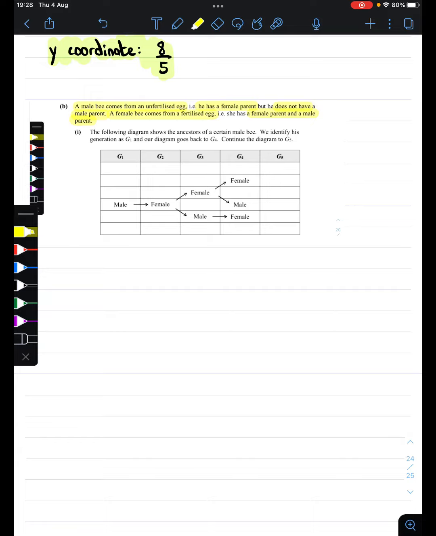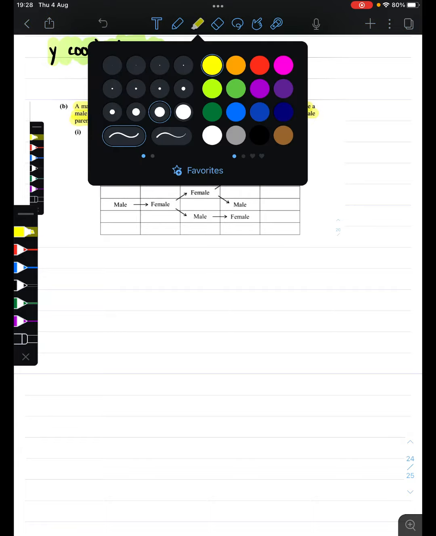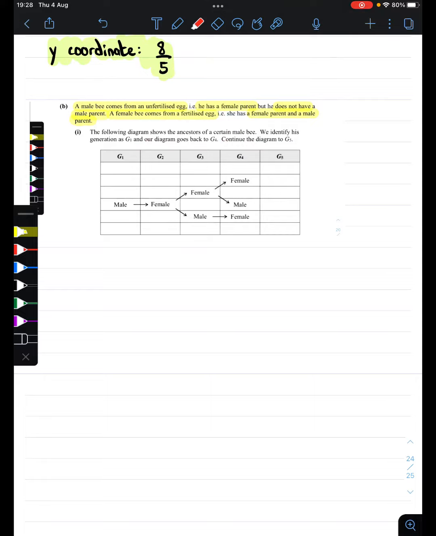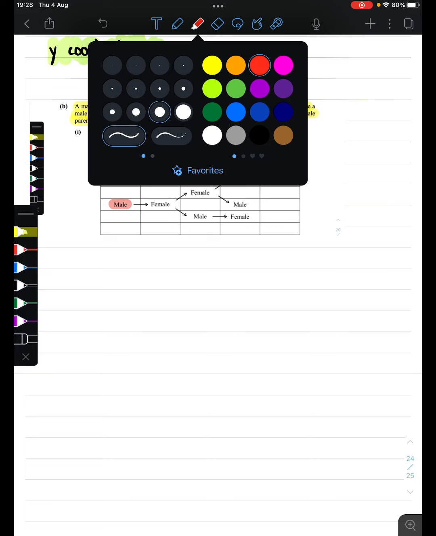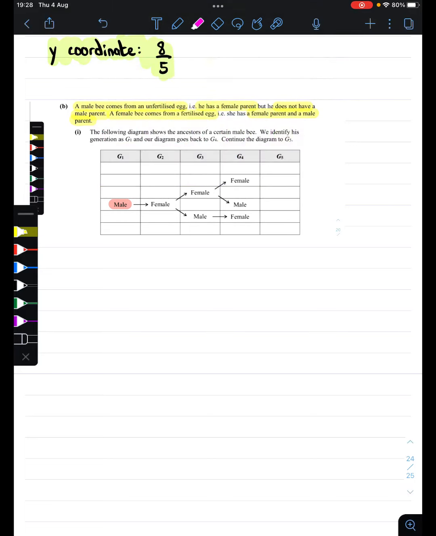Okay, so our certain male bee is this fellow here in the first generation, and the diagram goes back to G4. So let's just try and make sense of this diagram first. We're starting off with a male bee, so let's write this down.